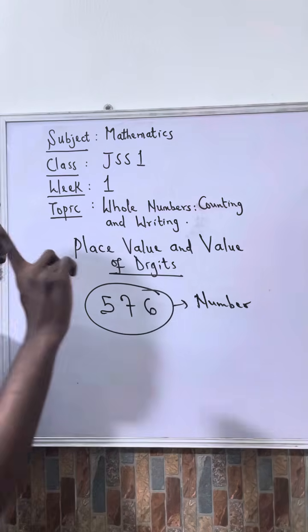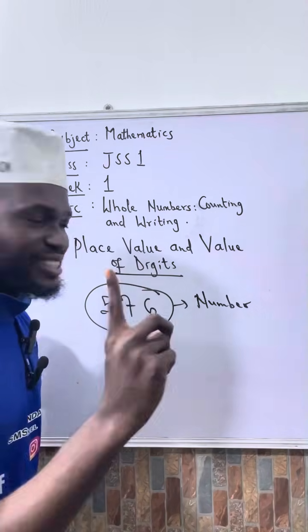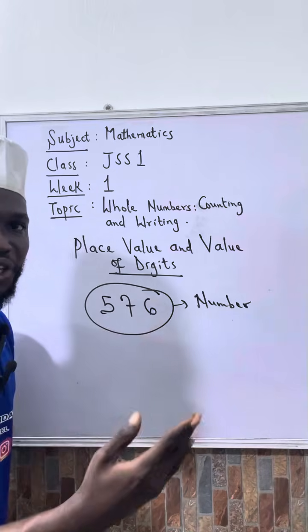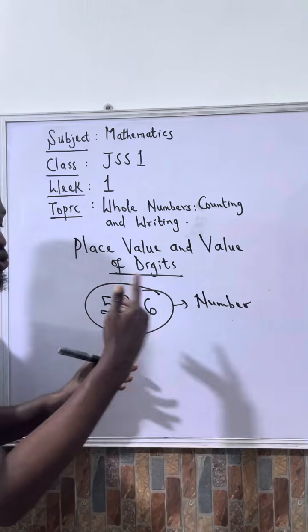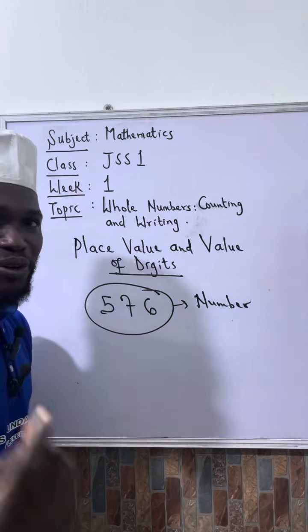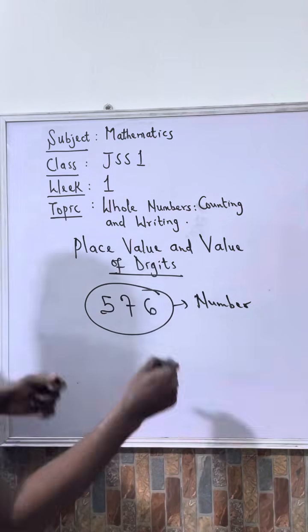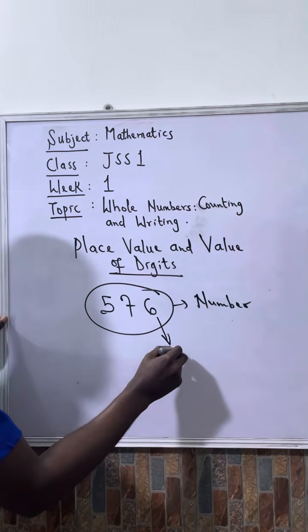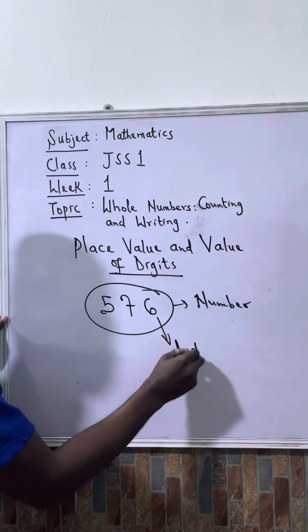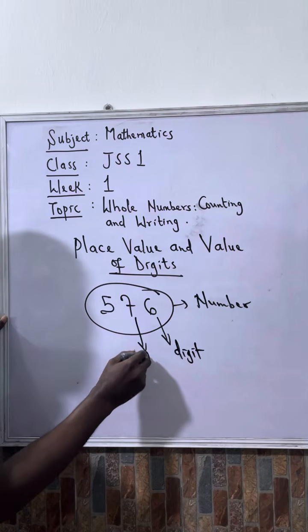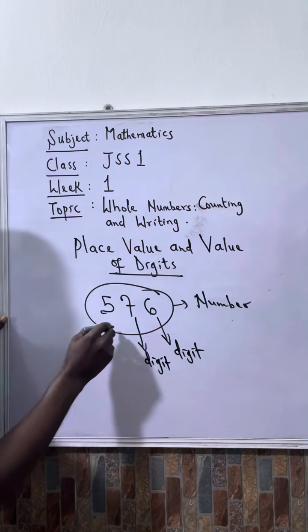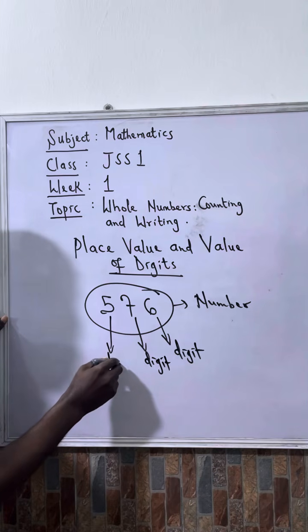But if you pick each element one by one, then each of them represents a digit. So this 6 represents a digit, this 7 represents a digit, and this 5 represents another digit.